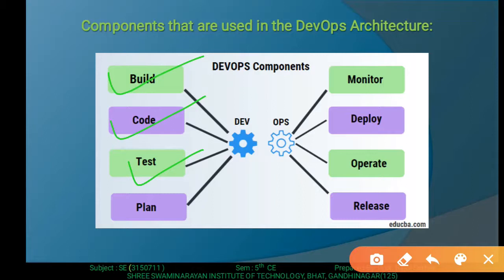So two types of testing are available, manual as well as automated. In the previous lectures we discussed some types of testing like unit testing, integration testing, alpha beta testing, as well as black box and white box testing. These types of testing are also covered in automated as well as manual testing.